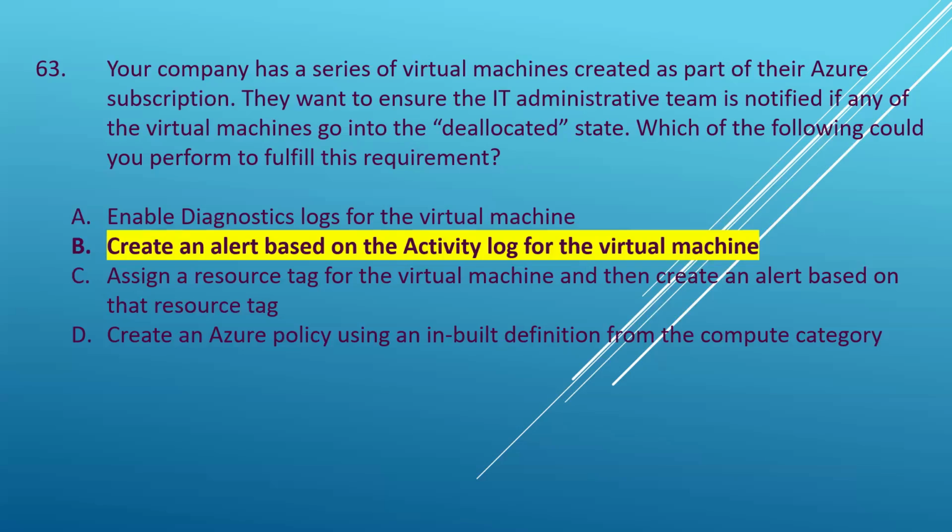Option C, assigning a resource tag for the virtual machine and creating an alert based on that resource tag, can help with organizing and managing resources, but it doesn't directly capture the state change of the virtual machine. Option D, creating an Azure policy using an inbuilt definition from the compute category, helps enforce specific rules and configurations, just like all other Azure policies, but may not provide real-time notifications for the deallocated state, making it an incorrect choice.